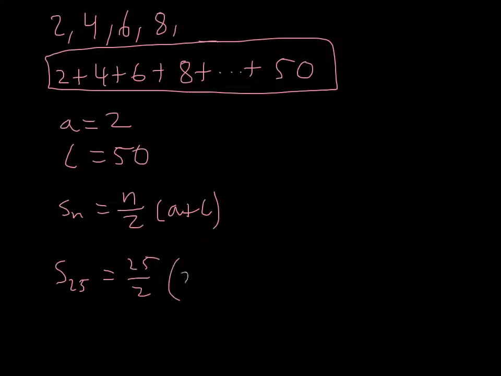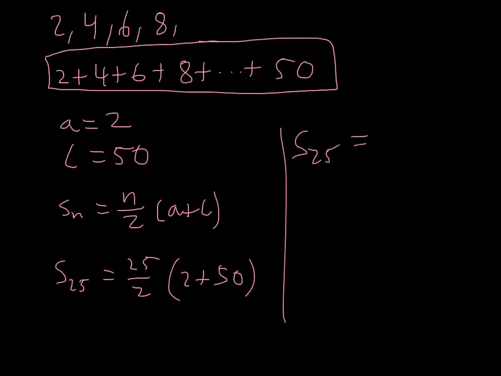The first term is 2, the last term is 50. So S25, or the sum of the first 25 terms, equals 25 over 2 times 52. So this becomes 650.